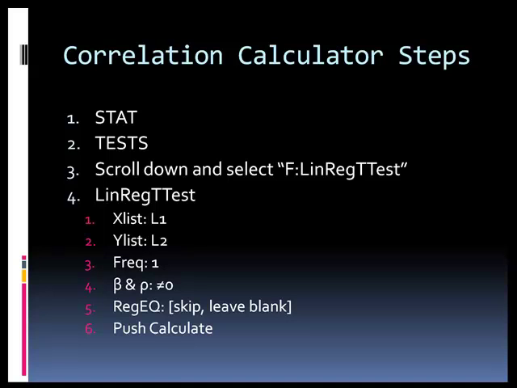And now you see on the screen, X list, you want to put in your list. For your Y list, put in that as well. So most likely we would have done L1 and L2. Frequency is the default of 1. Now in terms of our beta and our rho, we're going to choose the not equal to 0. Leave the next one blank, and then push calculate.